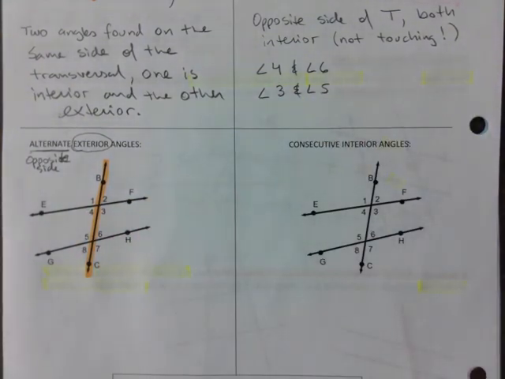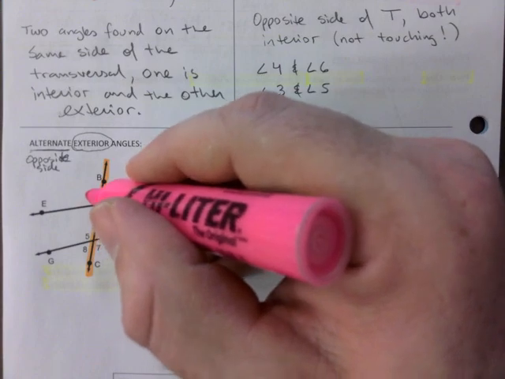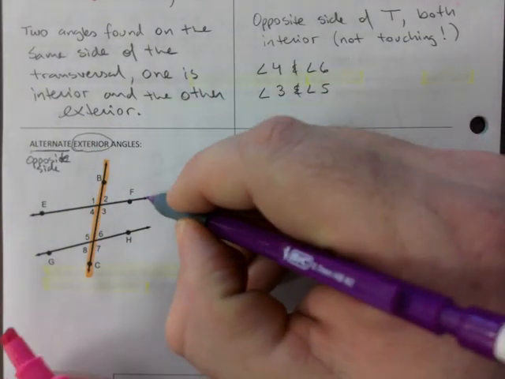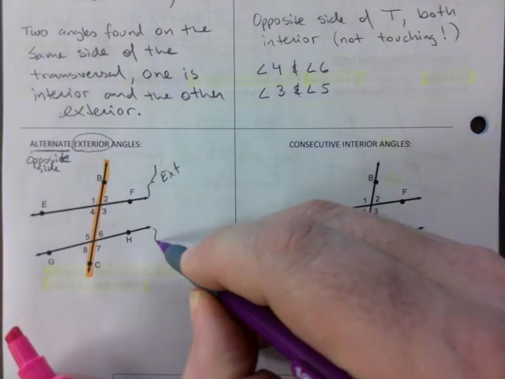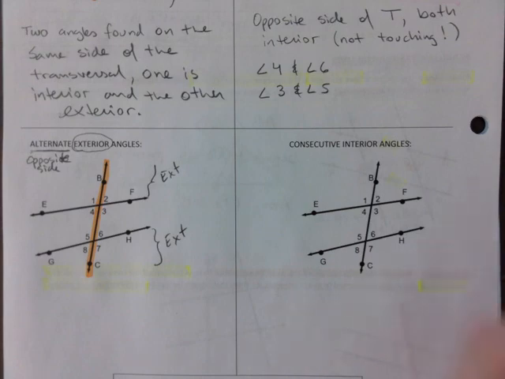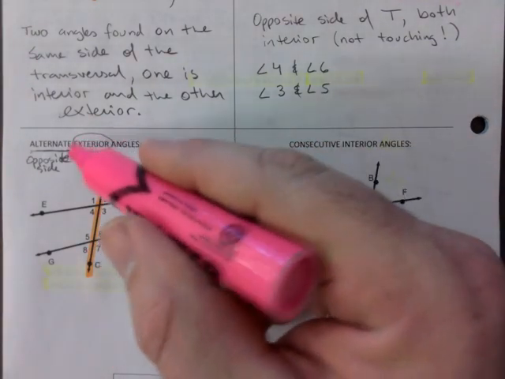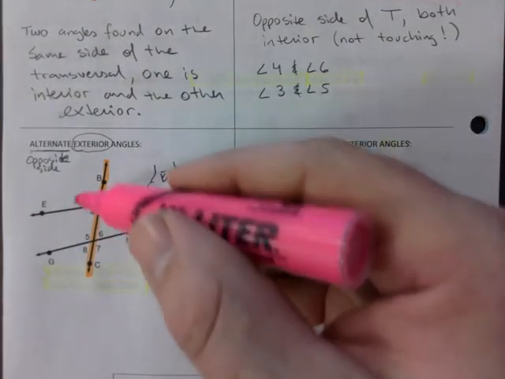And both have to be exterior. So watch this. Maybe I should first clarify. This is exterior, and this is exterior. So we have to pick from the exterior. We cannot pick anything interior because the name says it all. So you have to pick this one, for example, 1.